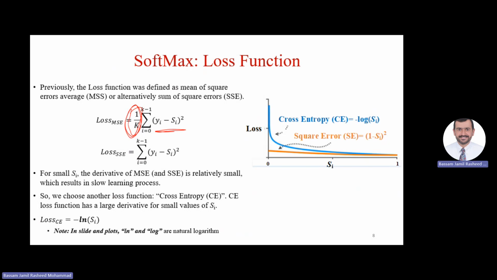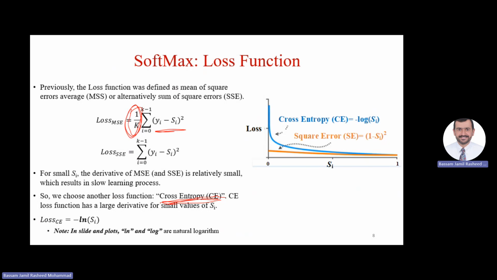Okay, the mean or the average of the square errors. Now we can think of a loss function in case of softmax. We can create a better loss function. It is called the cross-entropy loss function, and in fact, it performs better than the mean square errors.